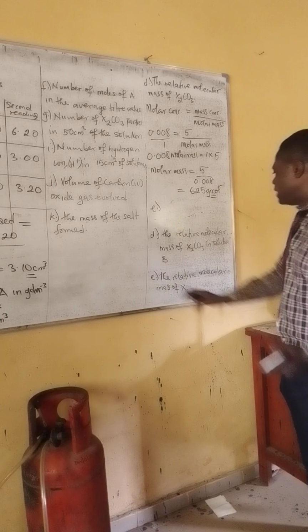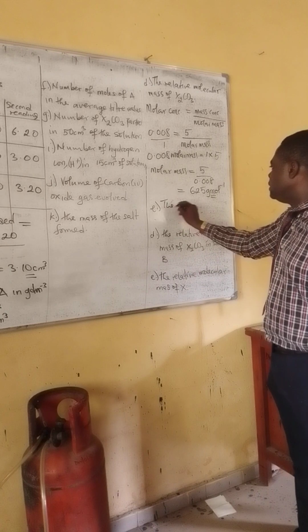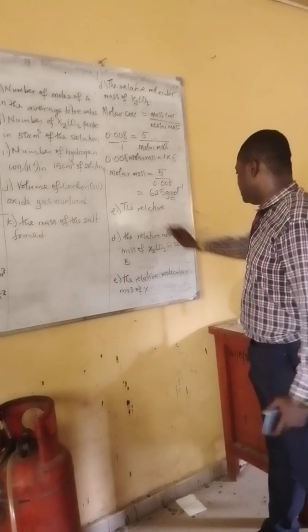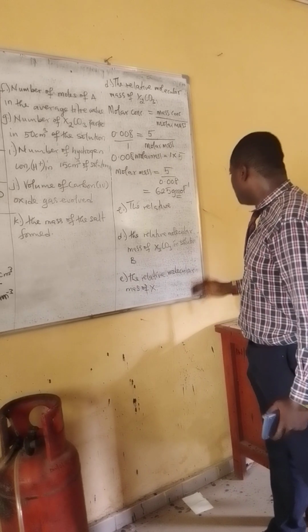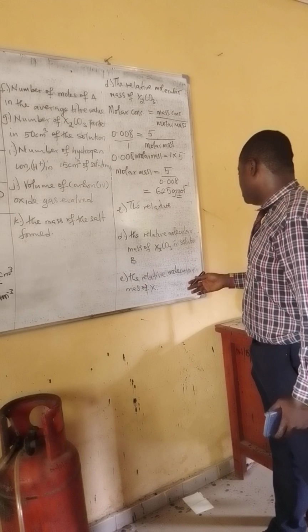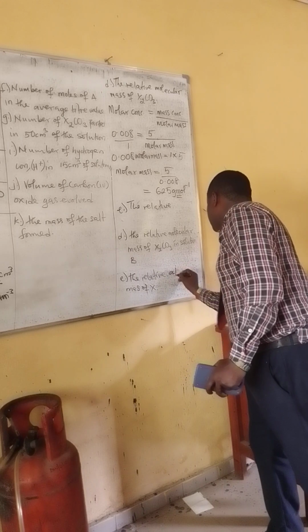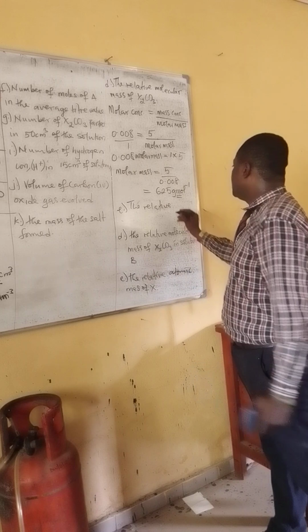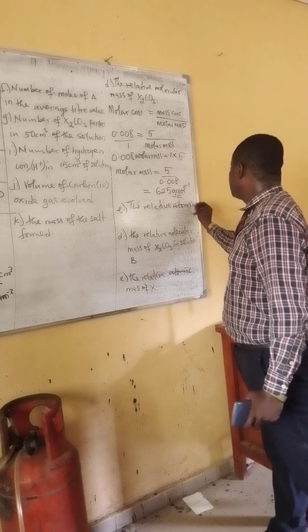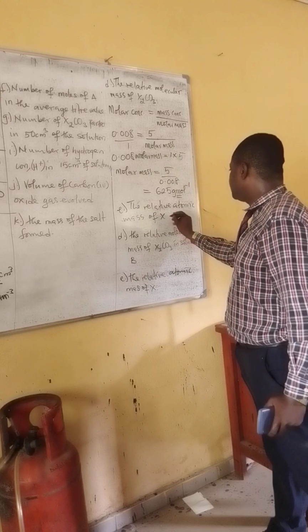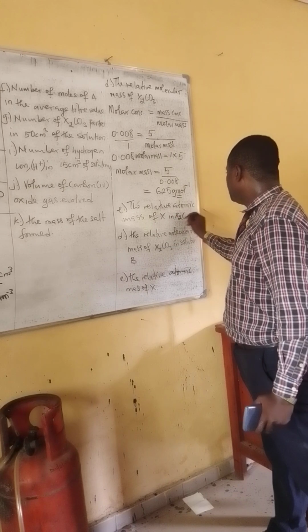E is saying we should look for the relative atomic mass of X in X2CO3.